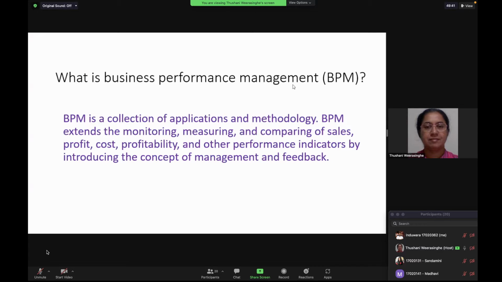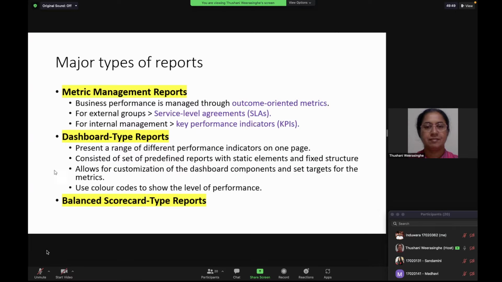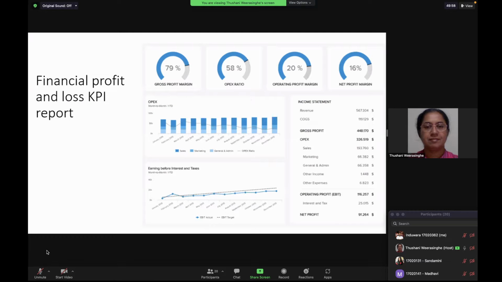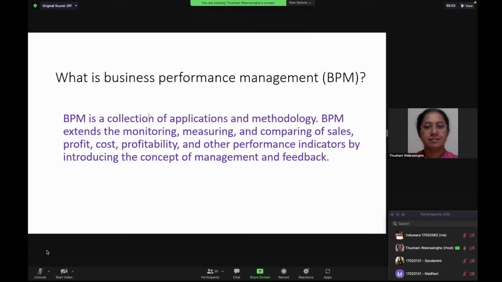Then I have here business performance management. This relates to the earlier topics, which is why I included that title, because when you describe dashboards and balanced scorecards, why do we actually need them? That is for business performance management. Now this is a definition. BPM is a collection of applications and methodologies. BPM extends the monitoring, measuring and comparing of sales, profit, cost, profitability and other performance indicators by introducing the concept of management and feedback.